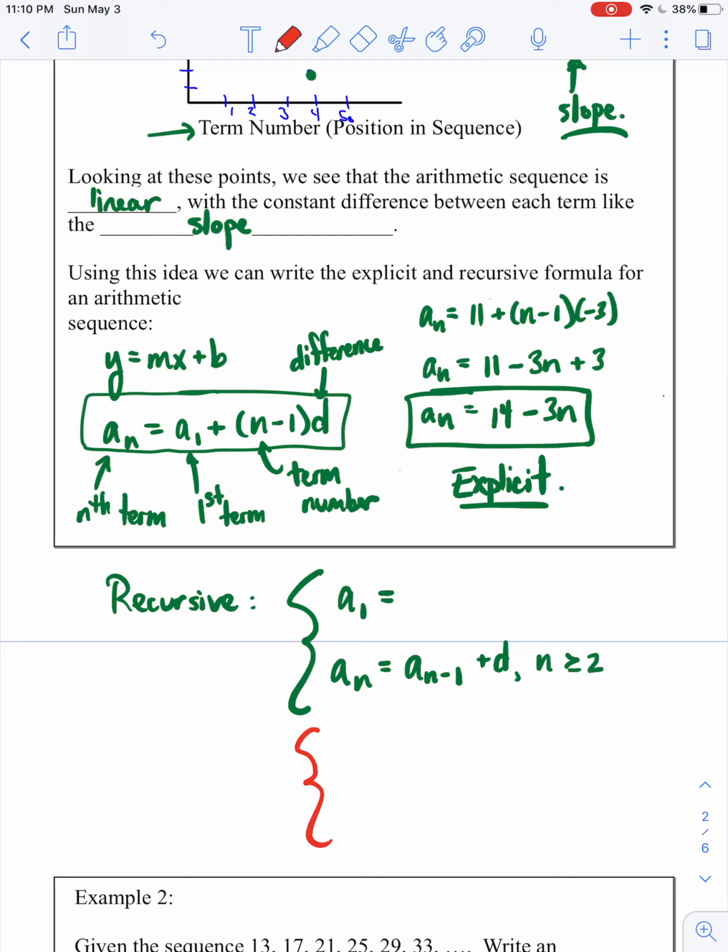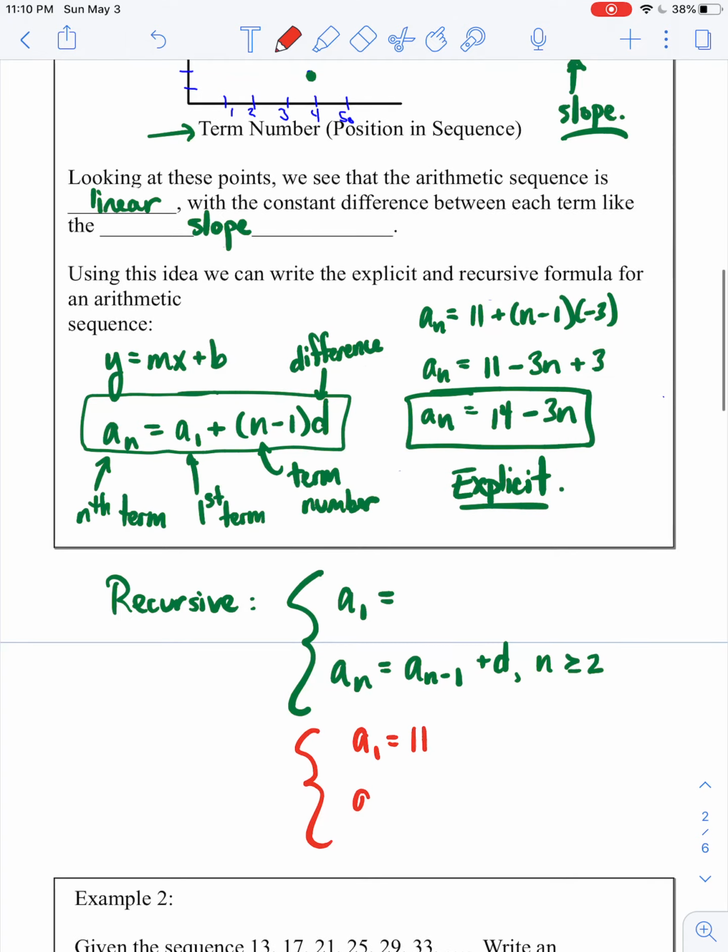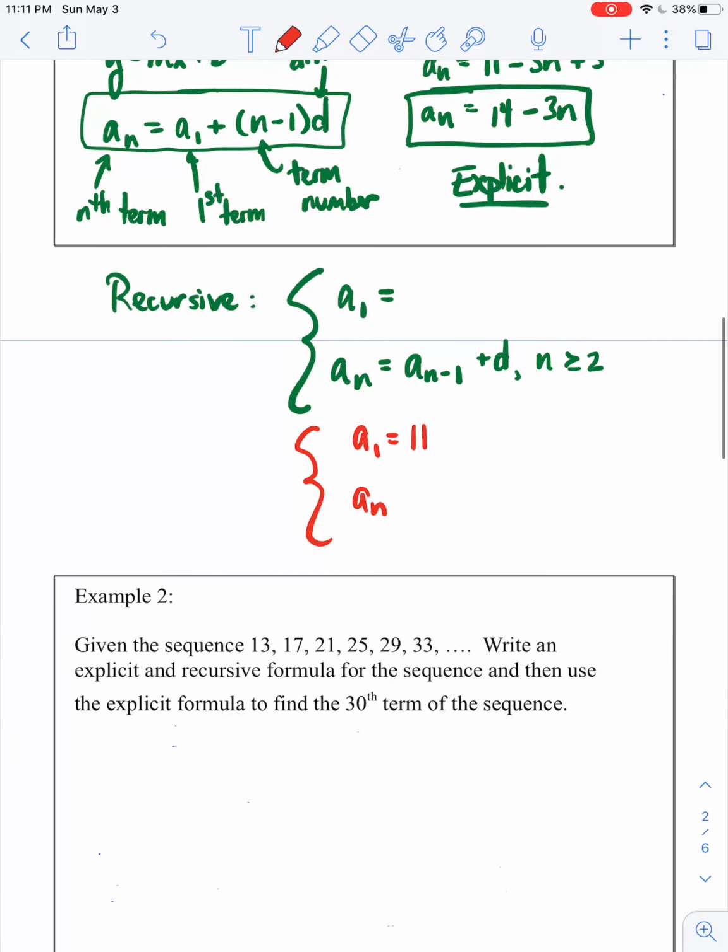This specific example would be A1 is 11, and then A sub n would be A subscript n minus 1 minus 3, where n is greater than or equal to 2. Let me talk you through what this is saying.